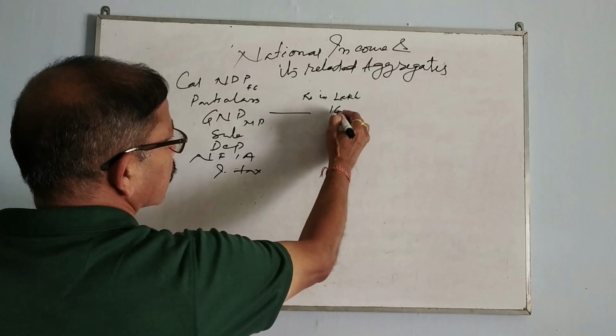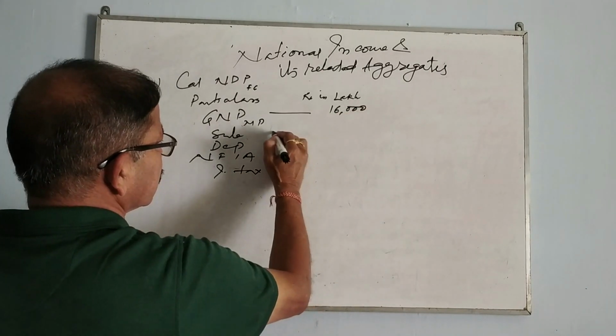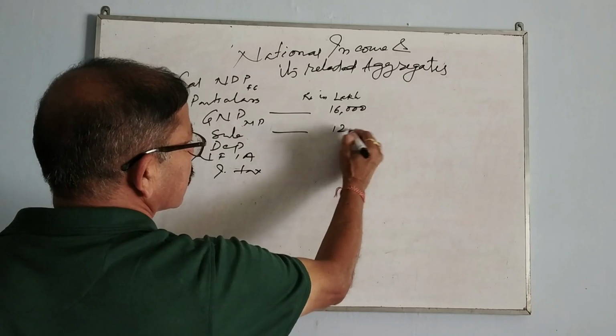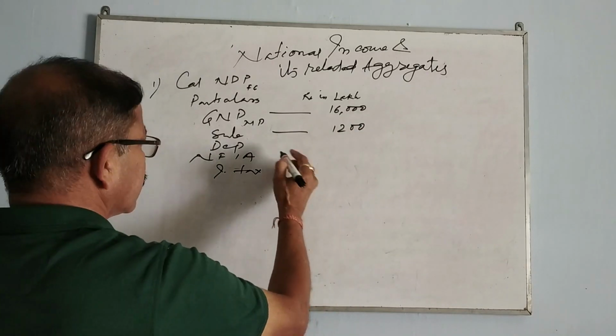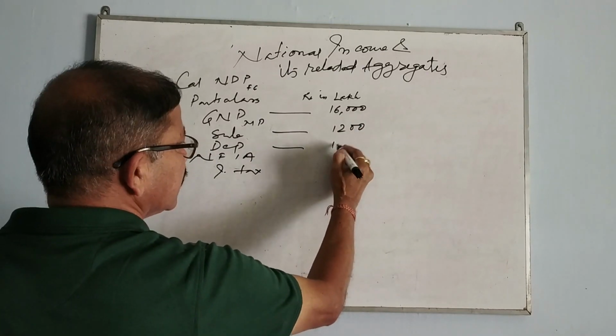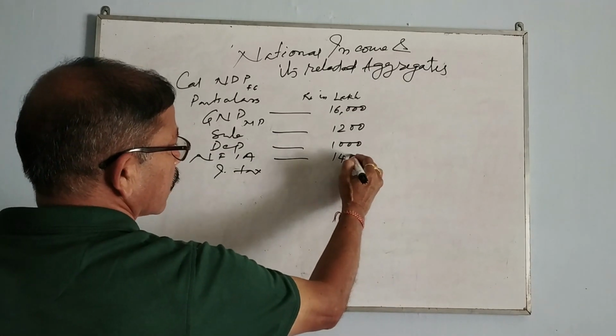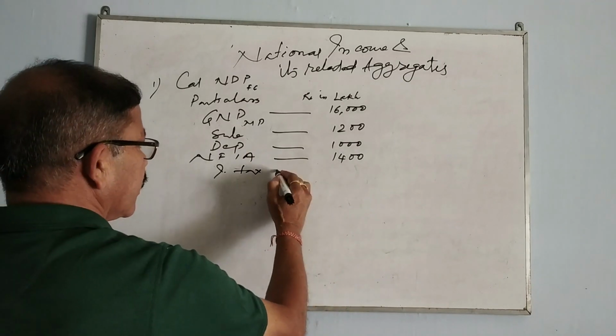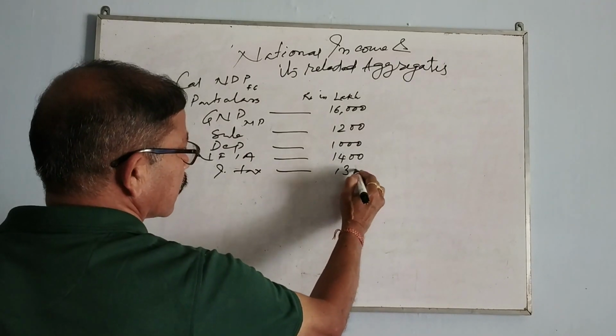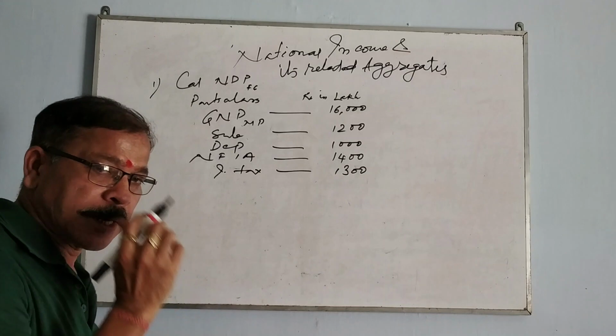GNP-MP is 16,000, subsidy is 1200, depreciation is 1000, NFIA 1400, indirect tax 1300.